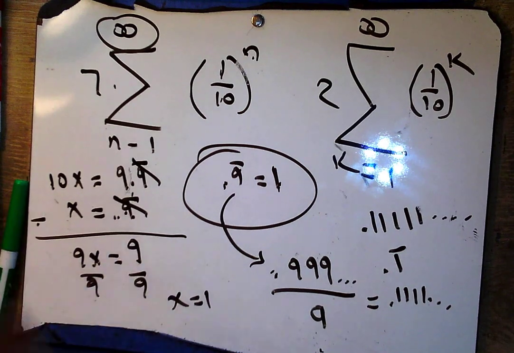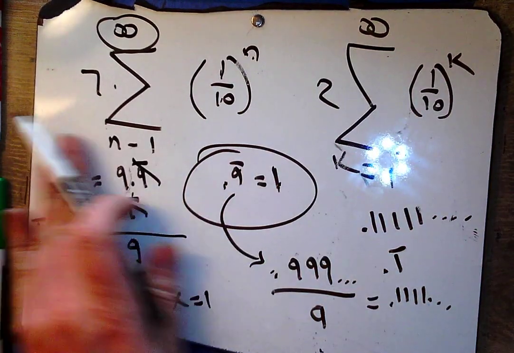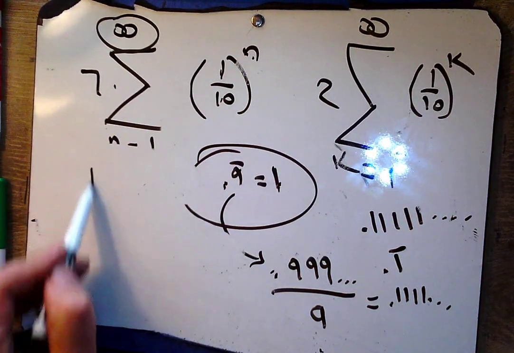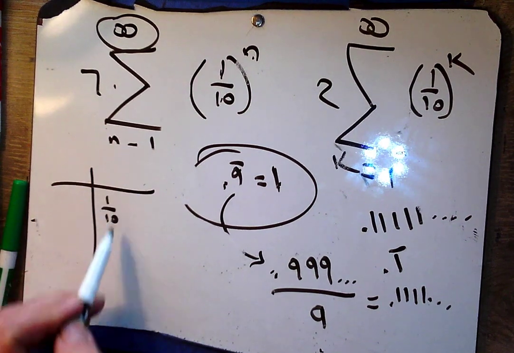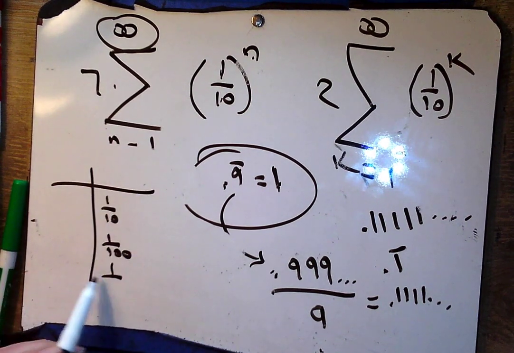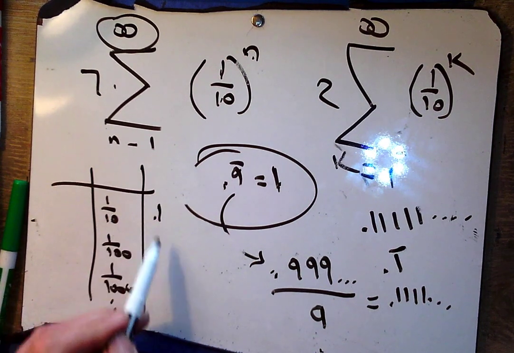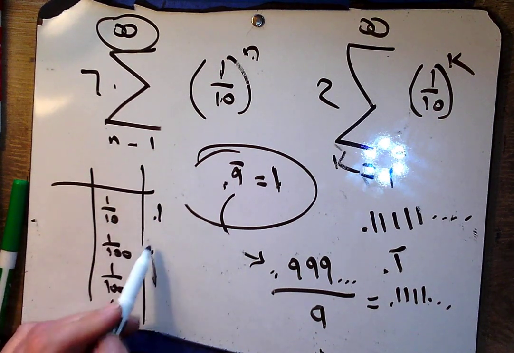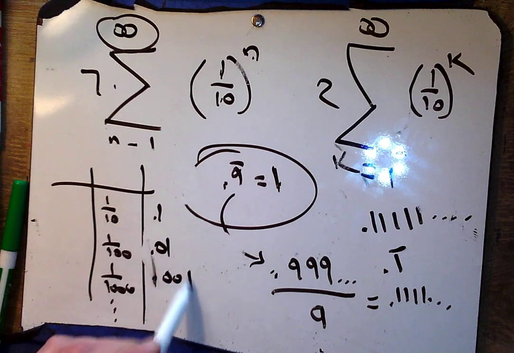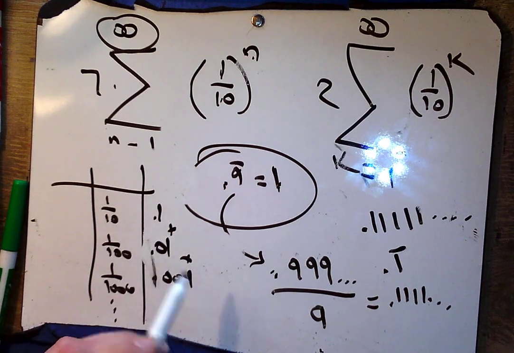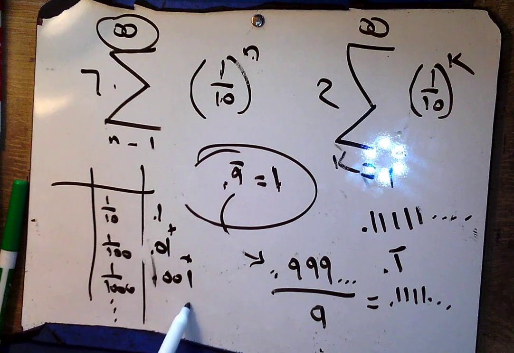So this thing here, this 1/10 thing, remember what we had? We had 1/10, 1/100th, 1/1000th, and so on. And then we turn that into decimals. 0.01, 0.001. And then we added these things, and we know that we were going to get 0.111, etc., repeating. Going to go on forever.